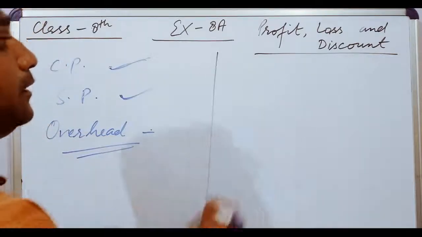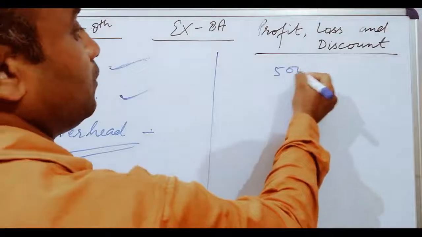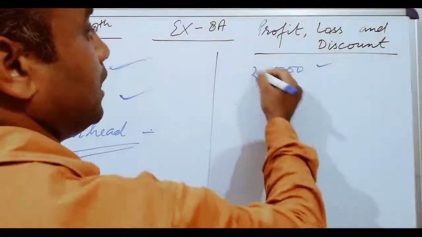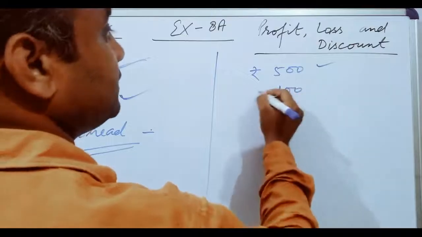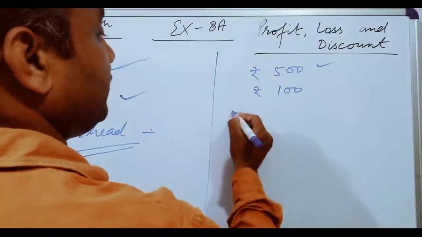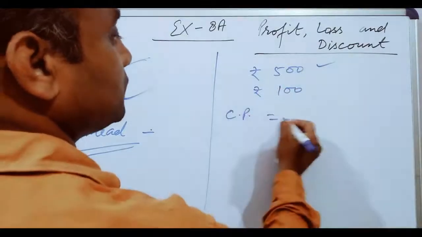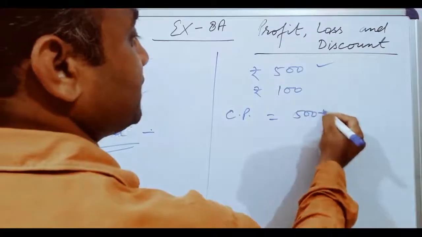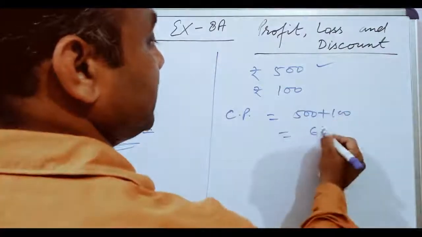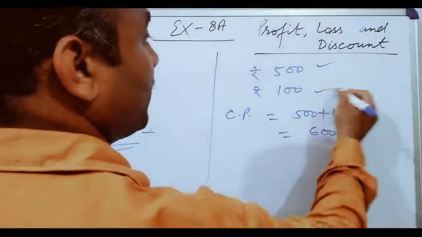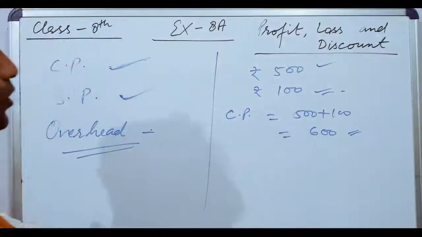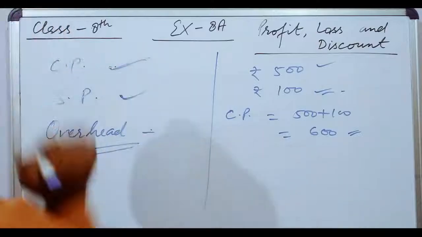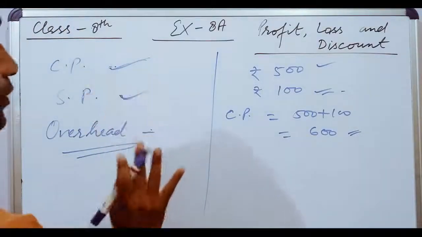Suppose I am purchasing a bicycle for 500 rupees, and the overhead, meaning repair cost, is 100 rupees, then total CP is 500 plus 100, that is 600. This is overhead, extra expenditure.